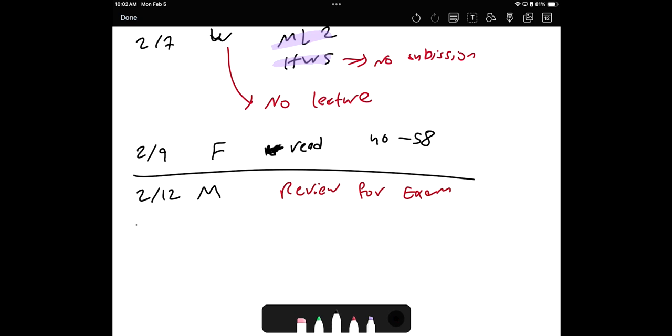Then the test will be on the 14th, Wednesday. Exam 1 is an hour of lecture time, between 10 and 10:50. Try to come 5 minutes early so we can start earlier than 10. It will end exactly at 10:50. Okay?